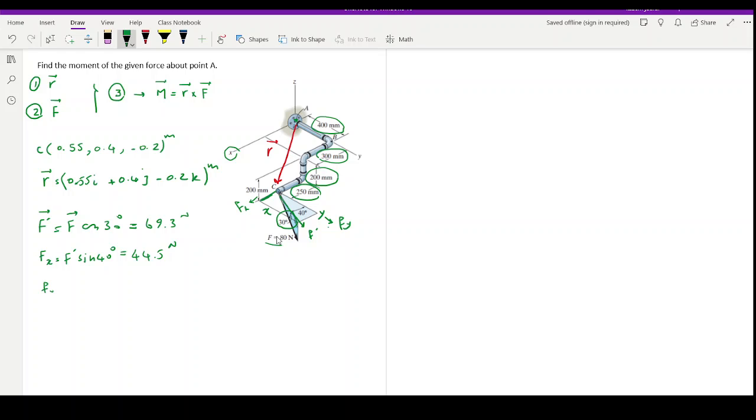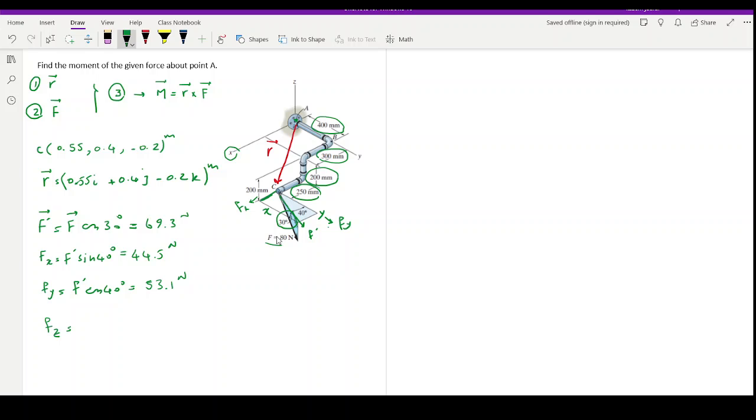Then Fy is F prime cosine 40 degrees, because the adjacent is 40 degrees adjacent to the y-axis, and that's going to be 53.1 Newtons.